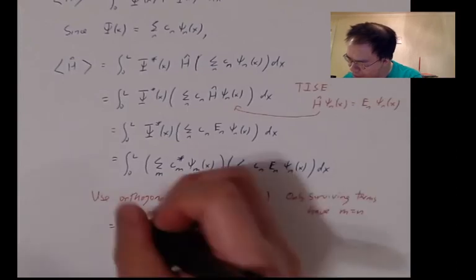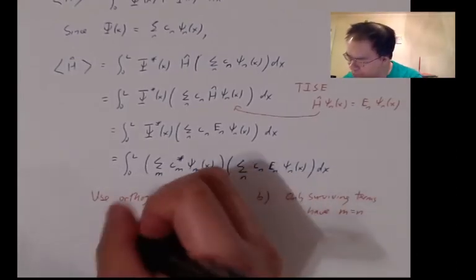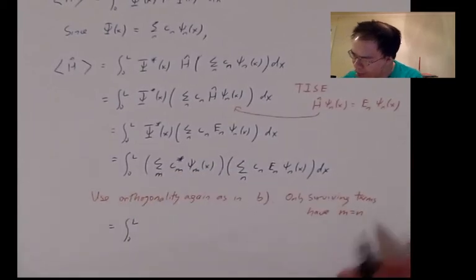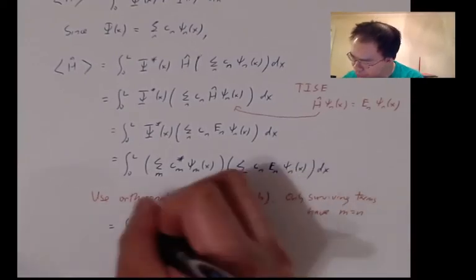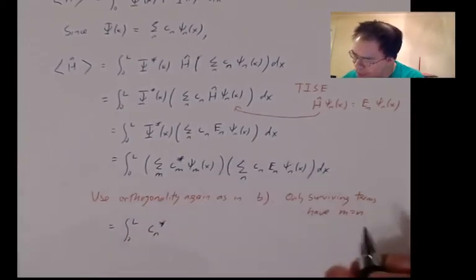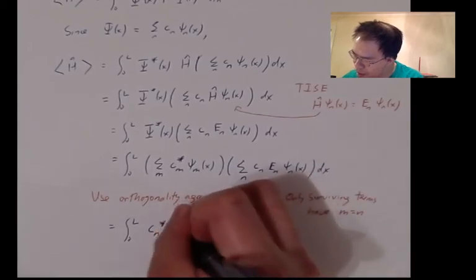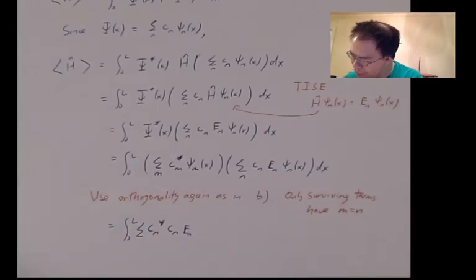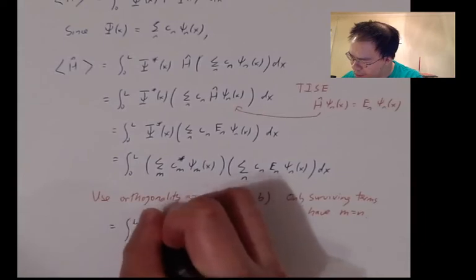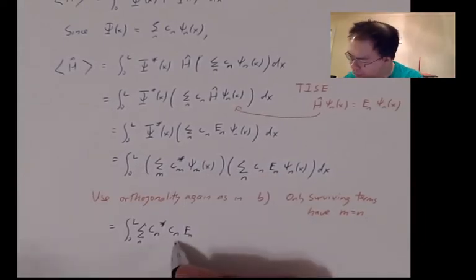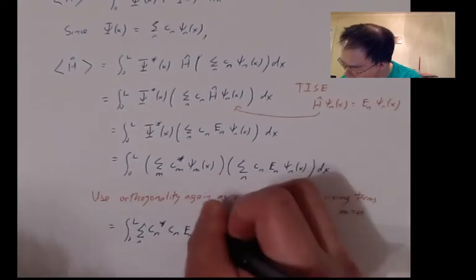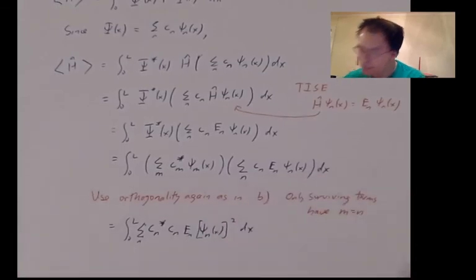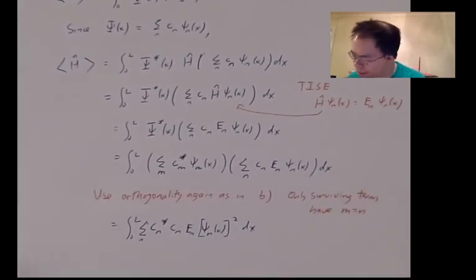So now I'll write everything in terms of n here. The only surviving terms are the non-cross terms, so I pull all the constants out: the sum over n of Cn star, Cn, En, and now we have psi n of x quantity squared dx.